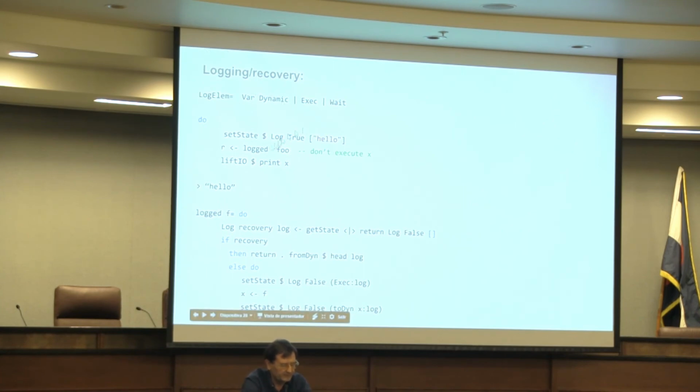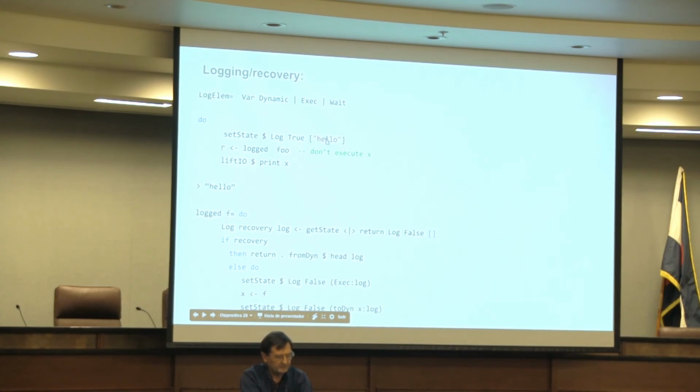We have defined a very simple primitive which is logit. Logit has one parameter, and simply it reads the value returned, stores it in a state variable, and returns its value.